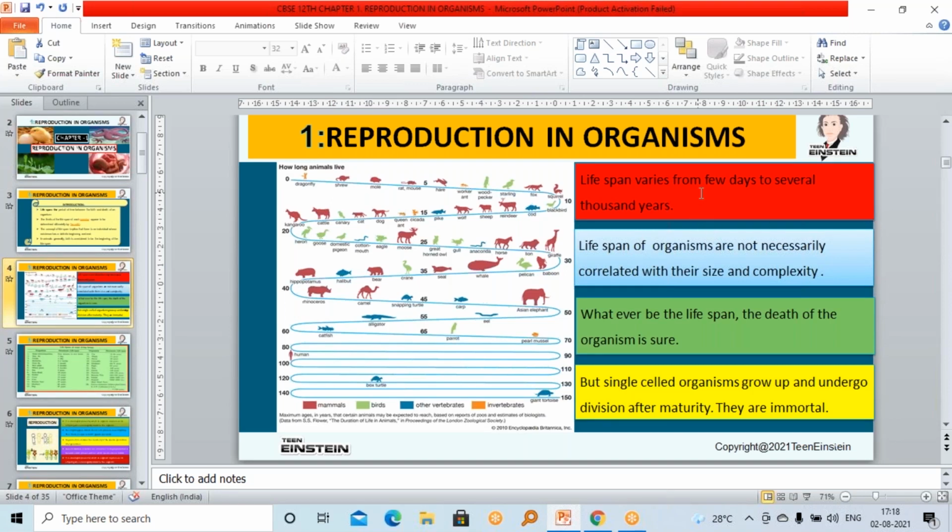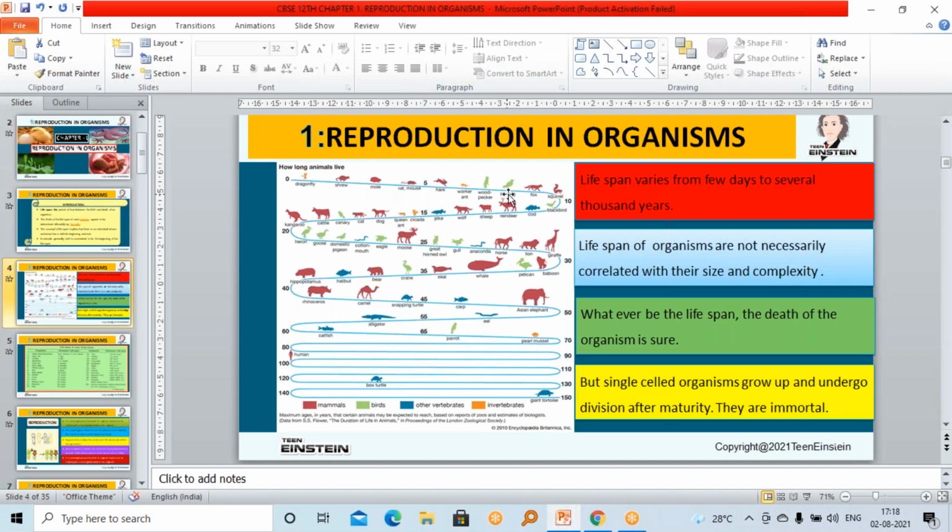In the case of animals, birth is the starting point of lifespan. But in the case of plants, we can't say like that, right? Is it clear?